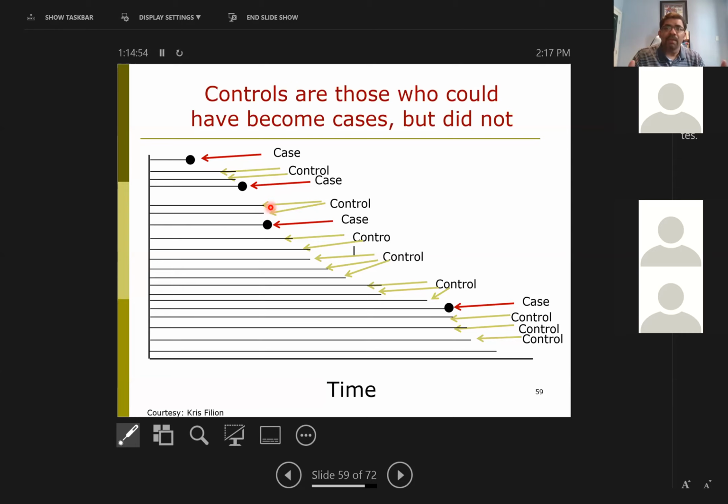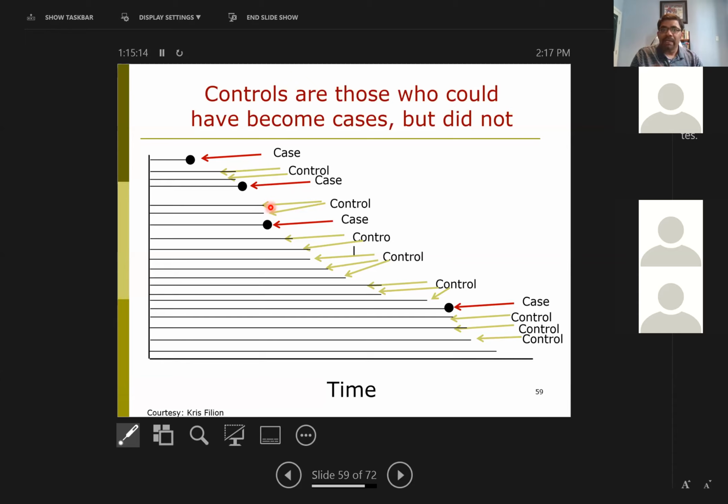They could have developed heart disease, but for whatever reason, at that time, they didn't. They could become a case later on, we don't know. But at the time a case was recruited into the study, we should get a control who does not have the disease, but could have gotten the disease, but hasn't.